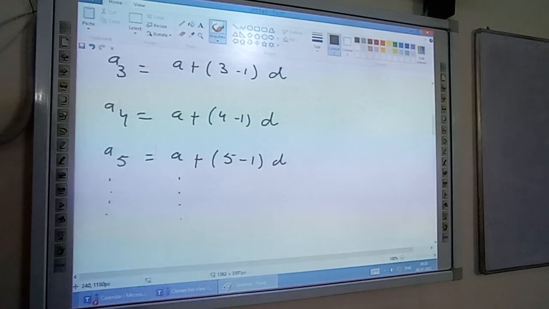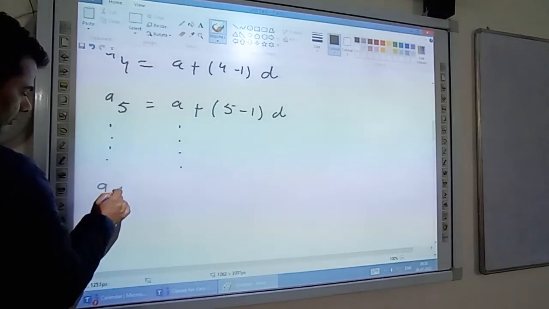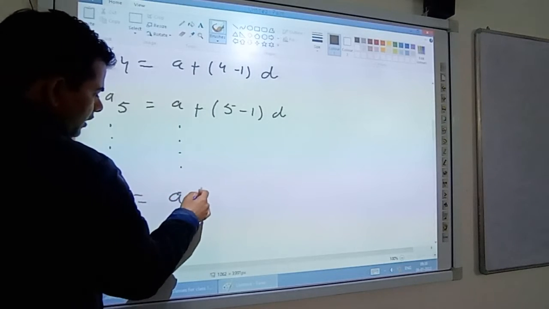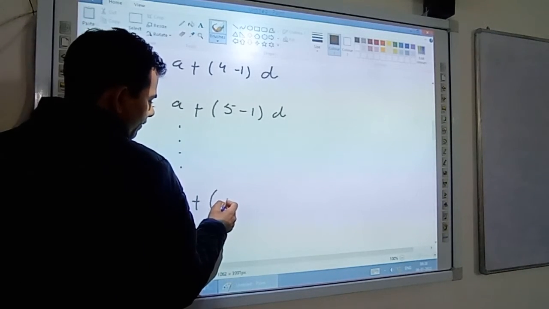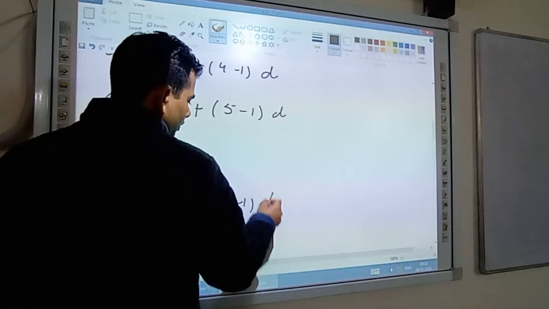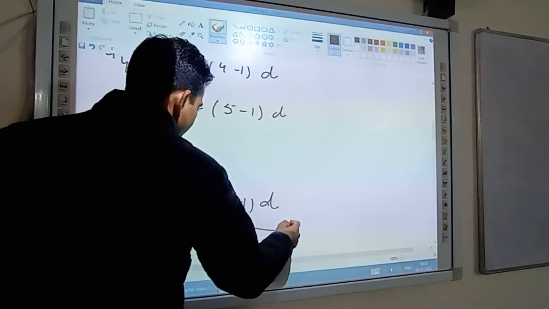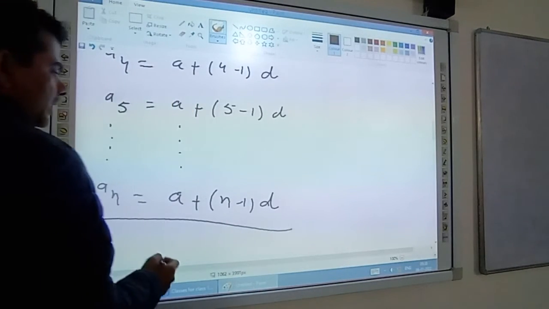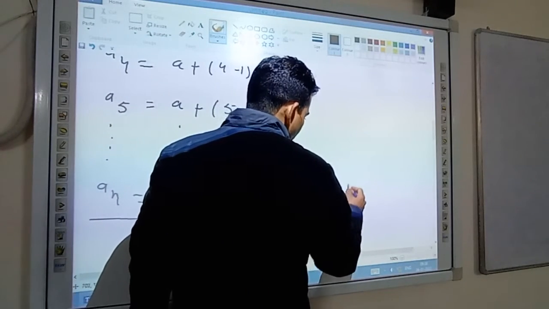An can be represented as A plus n minus 1 into D. Yes, this is the nth term of an AP.